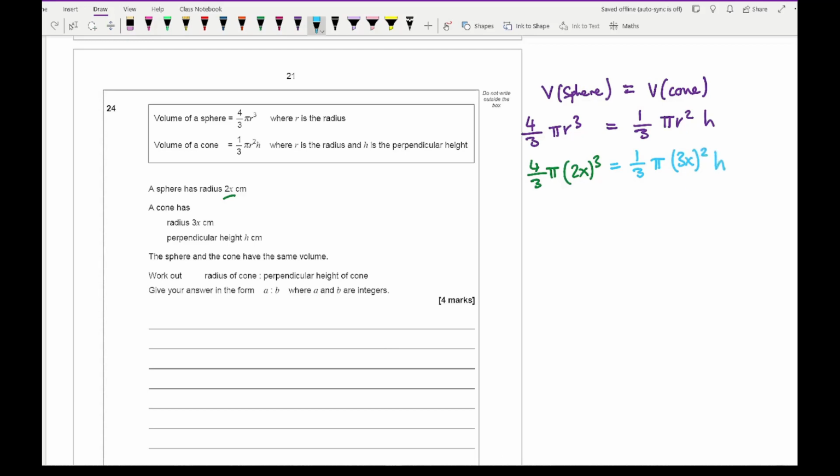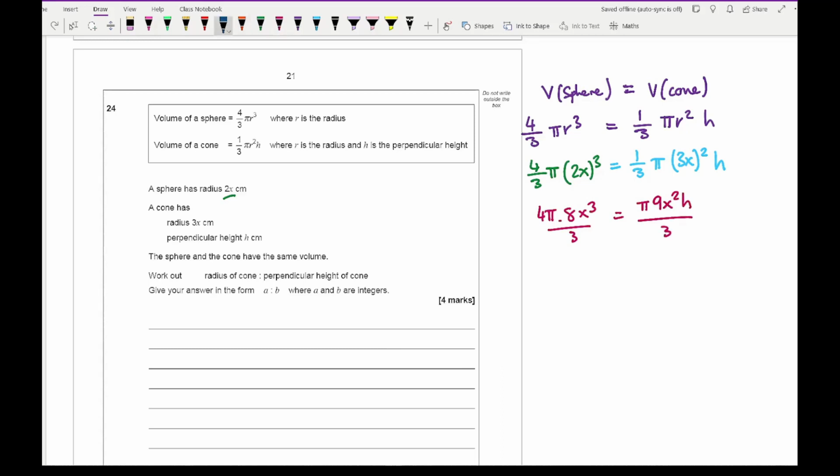So simplifying each of these, let's just do that. Here we've got 4 pi 8x cubed, and 1/3 pi 9x squared h.